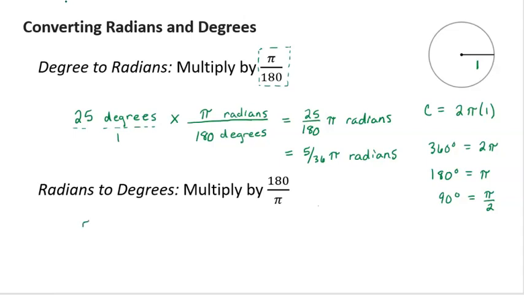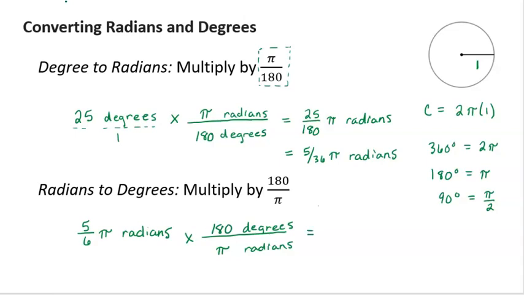Okay, and then the same thing happens when you're trying to go from radians to degrees. So let's say we have 5 over 6 pi radians, and I'm just going to write it out. You usually won't see it like this, but just for conversions. Okay, that means you want radians in the bottom, and then we want degrees in the top. And I know that pi radians equals 180 degrees.